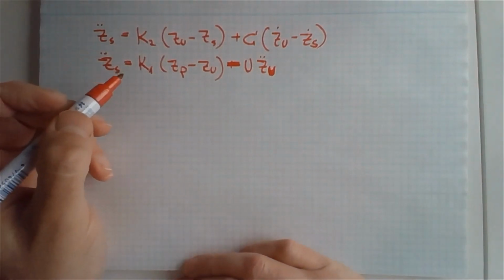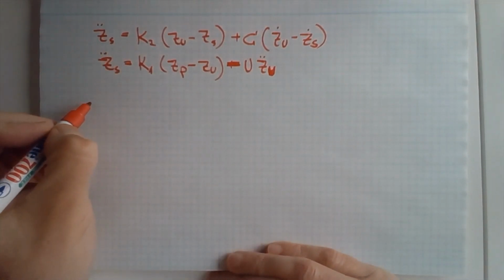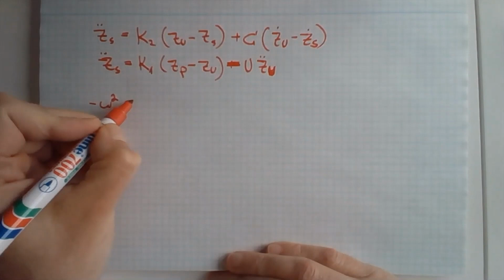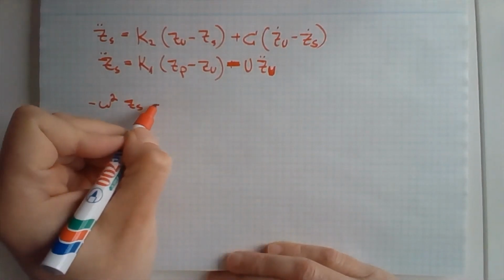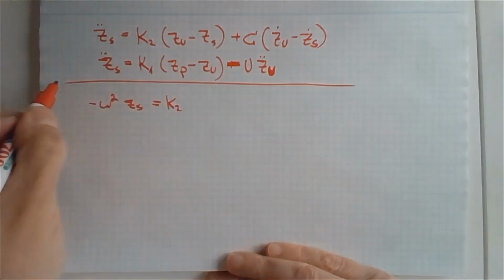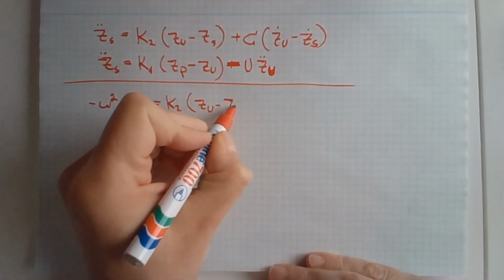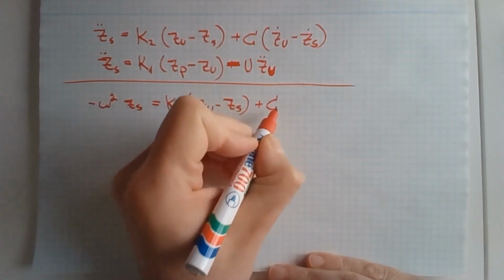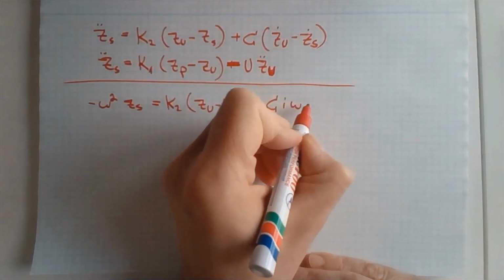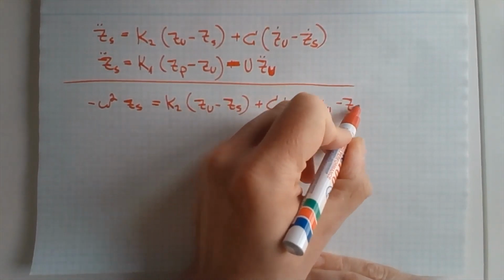Now we plug in the sinusoidal inputs and we have the following: minus omega squared ZS equal to K2 (ZU minus ZS) plus C I omega (ZU minus ZS).